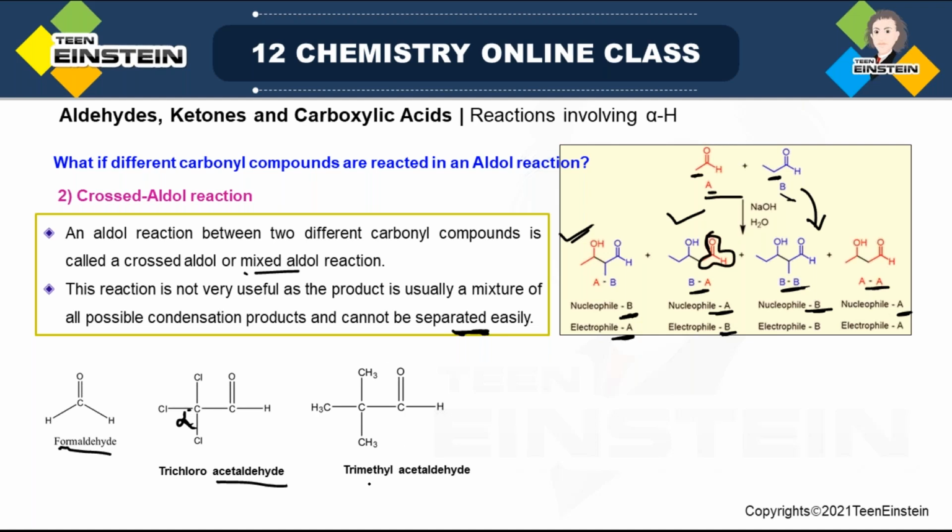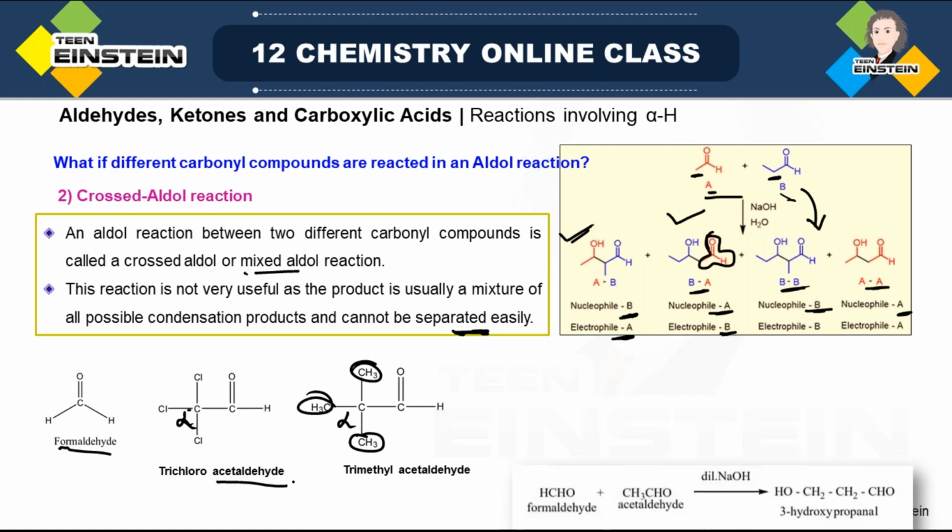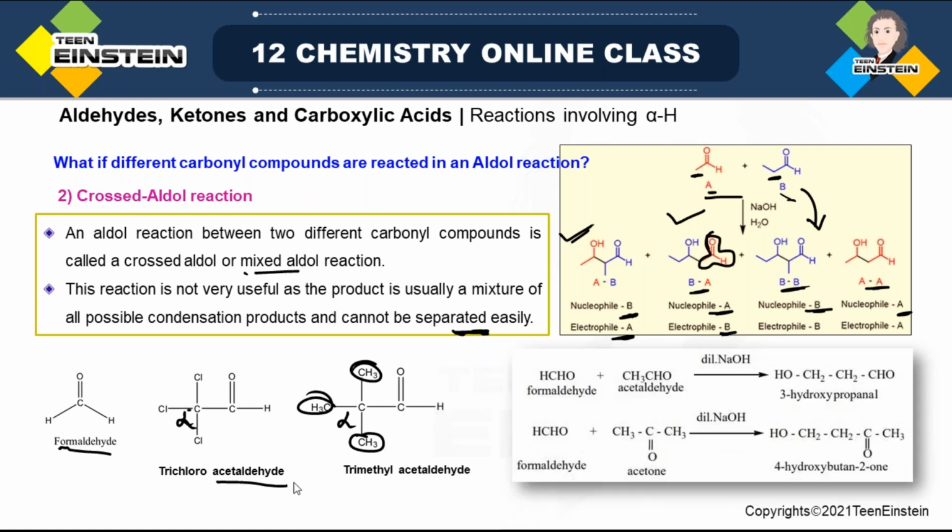Then the next reaction, trimethylacetaldehyde. You have replaced all the hydrogens by methyl. You have alpha carbon, but you do not have alpha hydrogen. Fine. So some examples of cross aldol where we have taken one carbonyl with no alpha hydrogen, but this one has alpha hydrogen. So carbanion will generate here, it will attack formaldehyde.